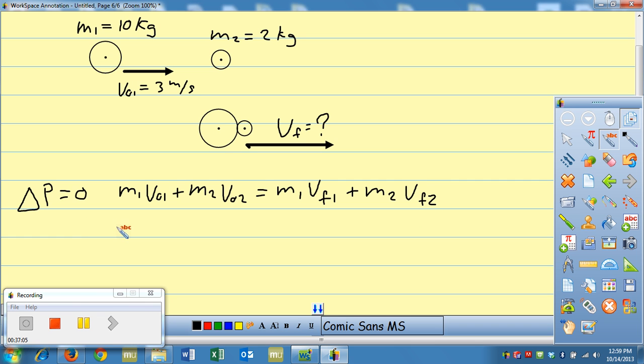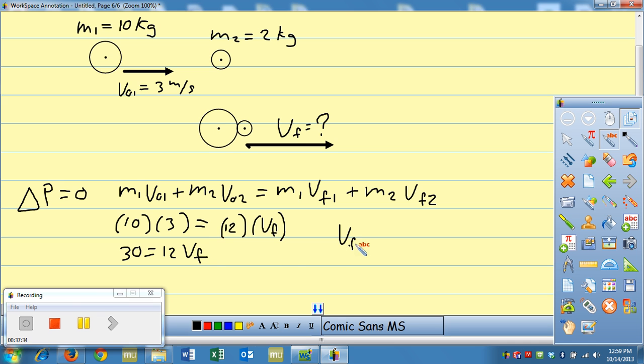In our situation, that's going to mean that 10 times 3 is going to equal 10 plus 2 is 12 times V final. So 30 equals 12 V final.